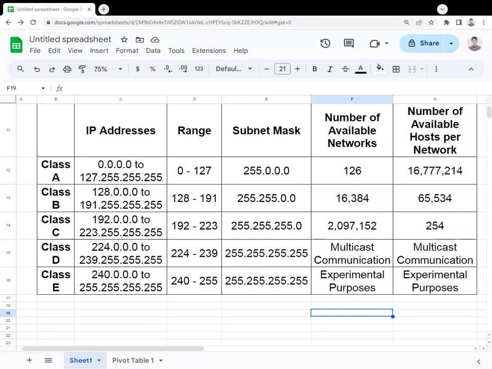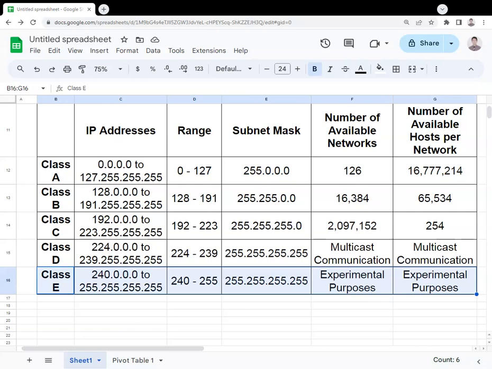Originally, Class E addresses were set aside for experimental purposes. They don't actually exist in practice, but they fall under experimentation, which allows researchers and developers to experiment with, let's say, new networking technologies. They can use these IP addresses to experiment.